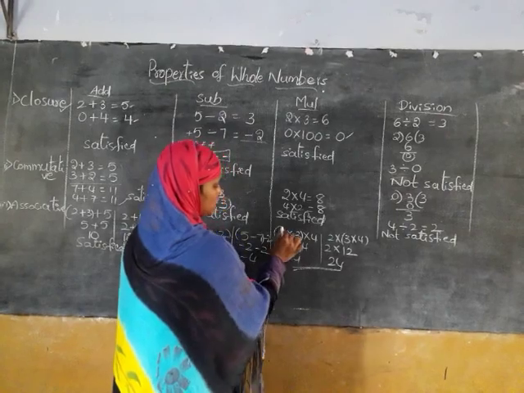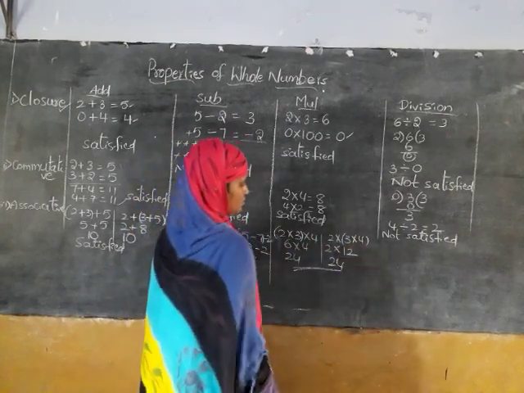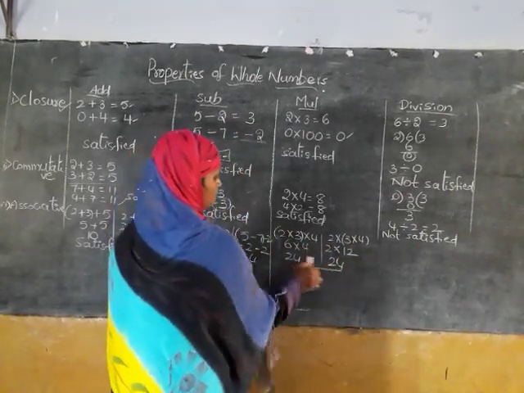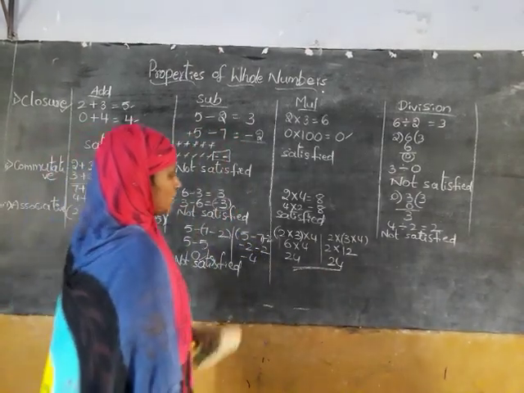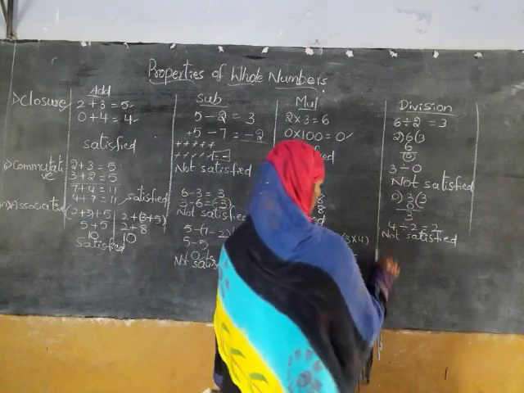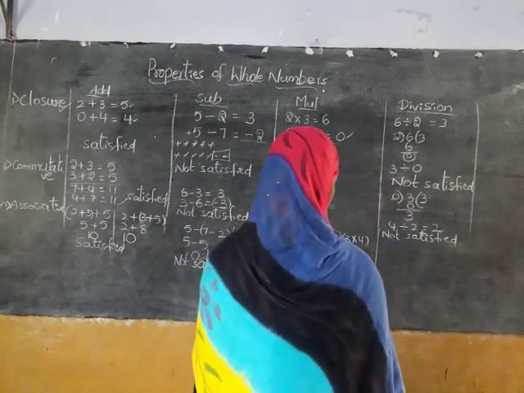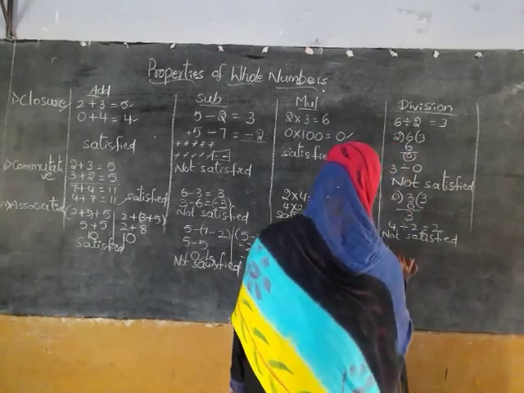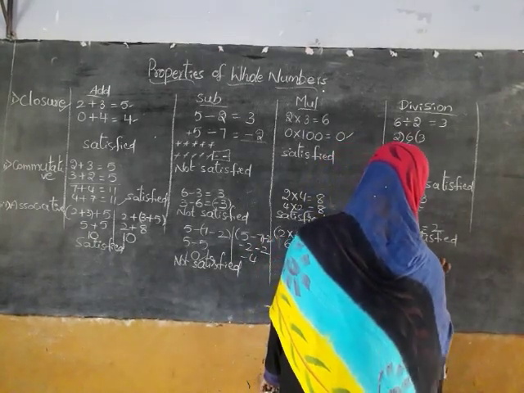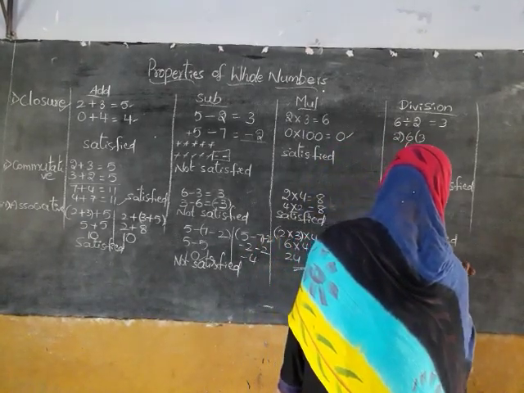Whether you change the brackets, the answer should be the same. So from this we can say that associative property is satisfied under multiplication. In the same manner it is not satisfied under division.